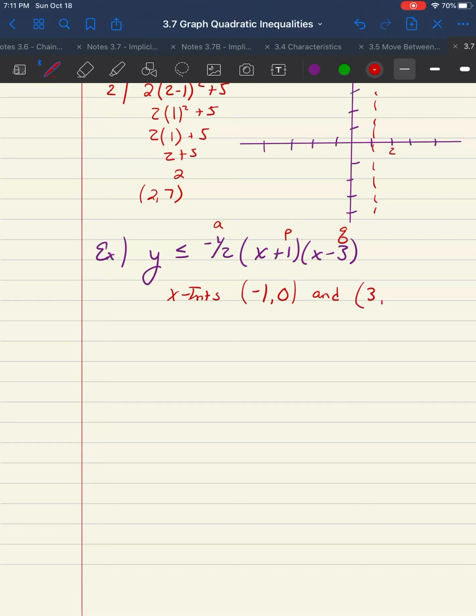Okay, and finally, 2 parentheses means I'm going to get 2 intercepts, so this must be APQ, because my x-intercepts are at the opposite of p, 0, and the opposite of q, 0.